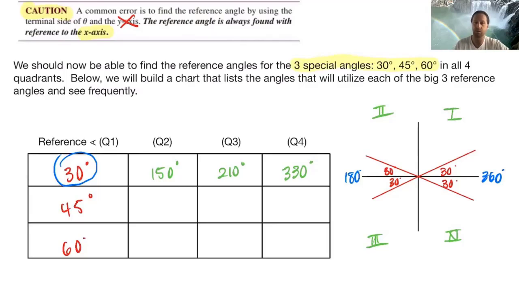So the next thing we're going to do is the 45 degree. So instead of those being 30-degree angles in there, we would now draw 45s, which are right down the middle, because we know each one of those is 90-degree angles. So this would be a 45 here, a 45 there, there, and there.